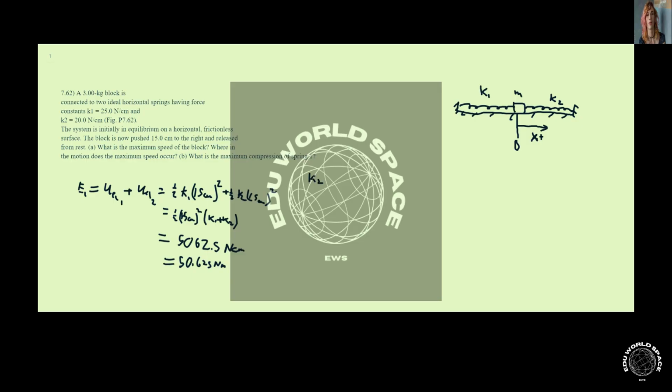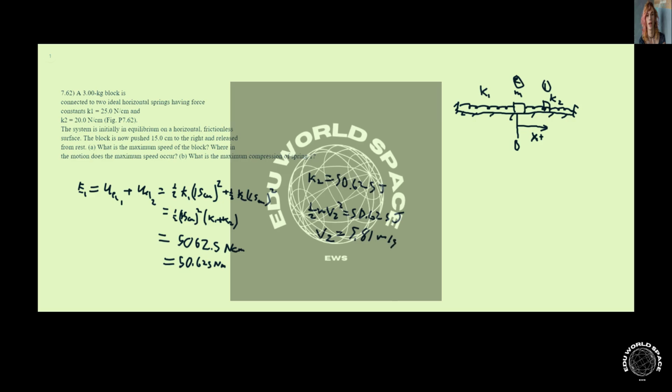So we have K2 equal to 50.625, and if I didn't make that clear, K2 is when it's at this position here, and K1 is when it compresses this spring. Then simply writing down 1/2 m v2 squared is equal to 50.625 joules, and then you can solve for v2, and that's going to be 5.81 meters per second. The mass is just 3 kilograms.